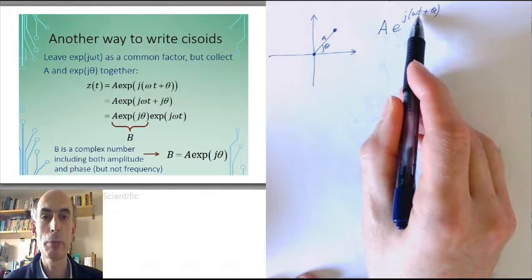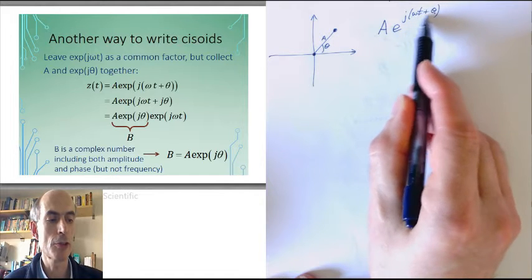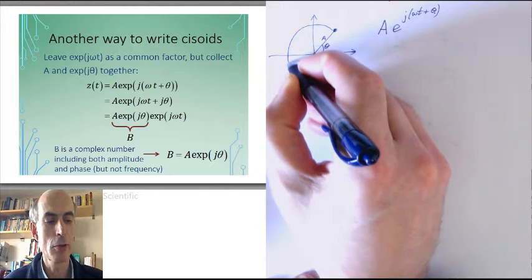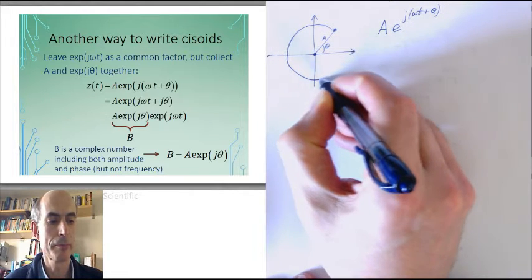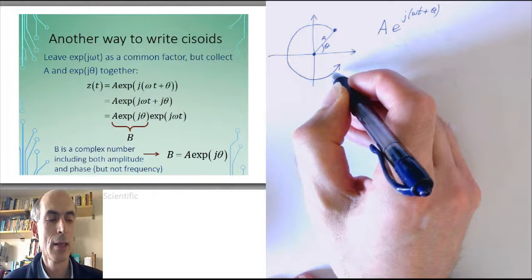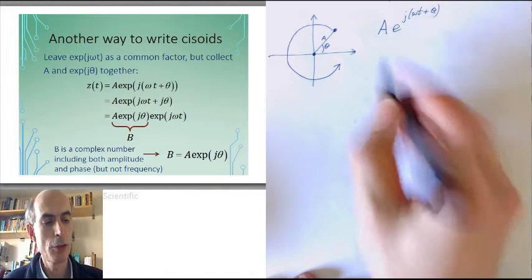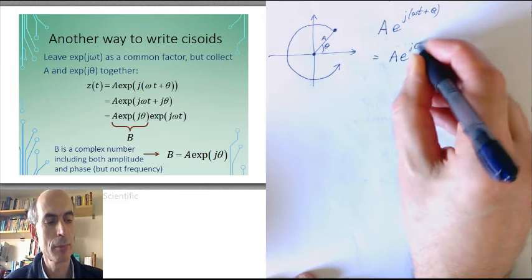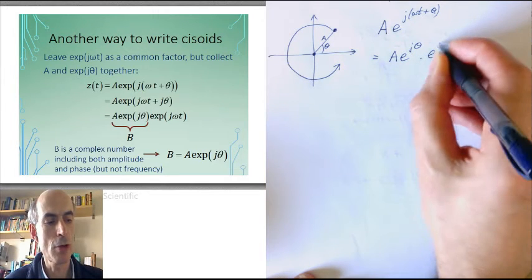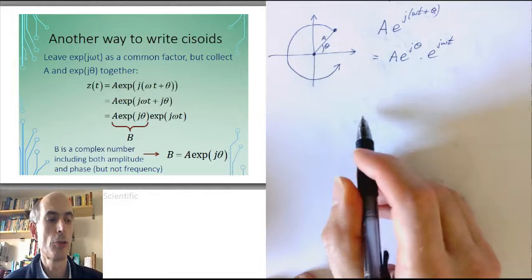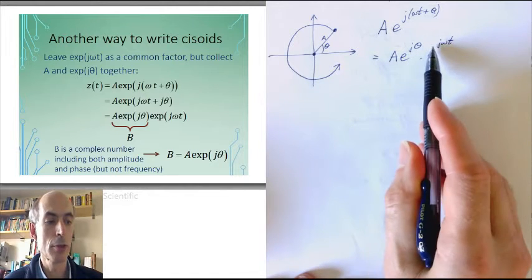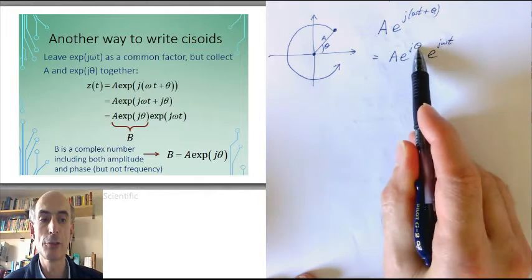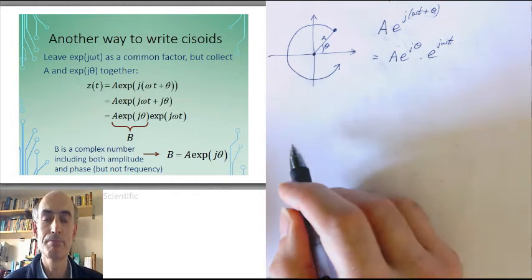Then, as time starts to increase, this phase term will start to increase, and the cisoid will start moving around the origin like so. Now I could write that in this form: A e to the j theta times e to the j omega t, just using the property of exponentials that e to the power of x plus y equals e to the power of x times e to the power of y.